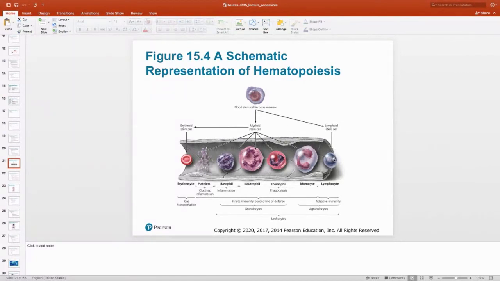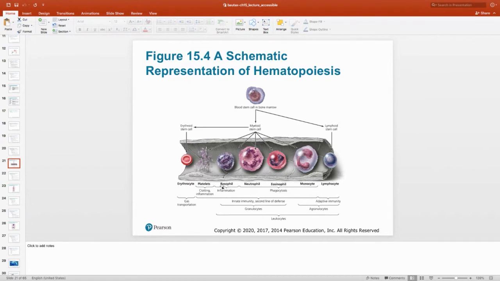And then there are the lymphoid stem cells that will make lymphocytes, and those are for adaptive immunity, and we'll talk about those in chapter 16 in a lot more detail. The platelets are for clotting, and those are also from the myeloid stem cells. The platelets are not a cell, they're a part of a cell that is useful in forming blood clots, and they're also present when there's inflammation, and we'll talk about that later too.